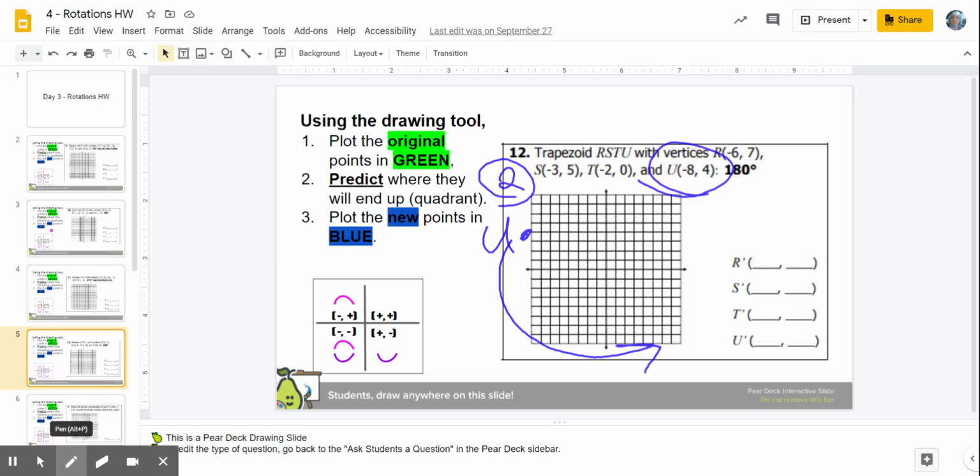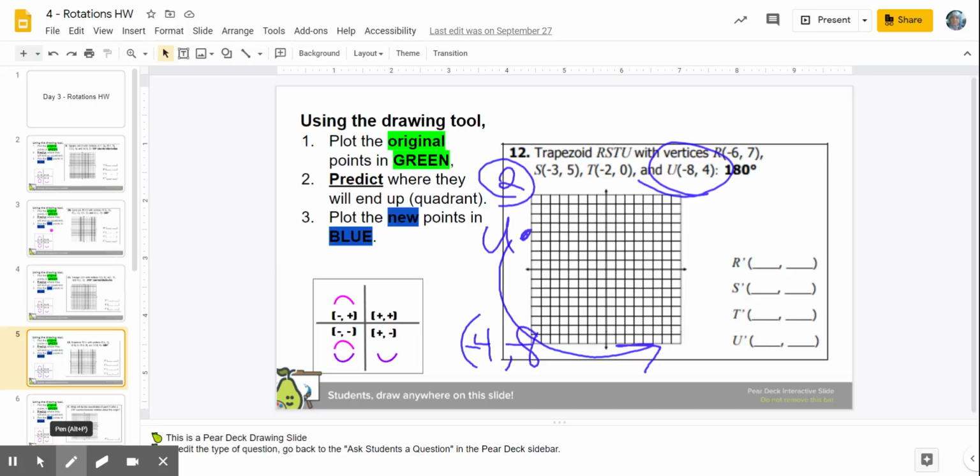I'm going to go -8, 4, and then down to quadrant 3 becomes 4, 8, and then over to quadrant 4. So I've switched them and then switched them back. Every time you move to a new quadrant, your ordered pairs switch. So if it came down here 90 degrees, it would be -4, -8.